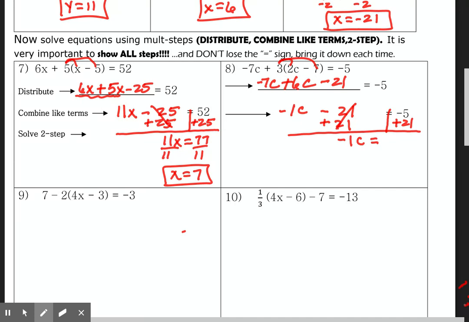You could use the song: same signs, add and keep; different signs, subtract; take the sign of the higher, then you'll be exact. My higher number is 21 and it's positive, so that'll be a positive 16. And then I divide by negative 1.